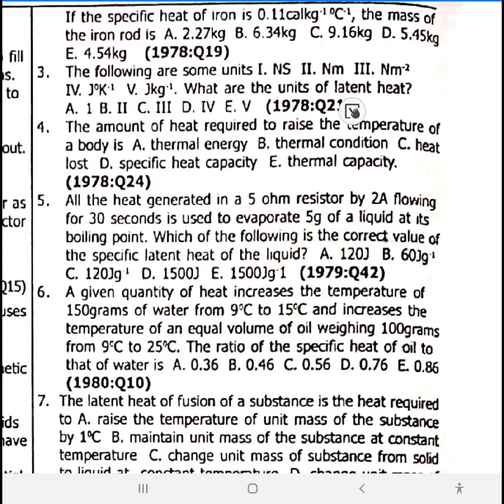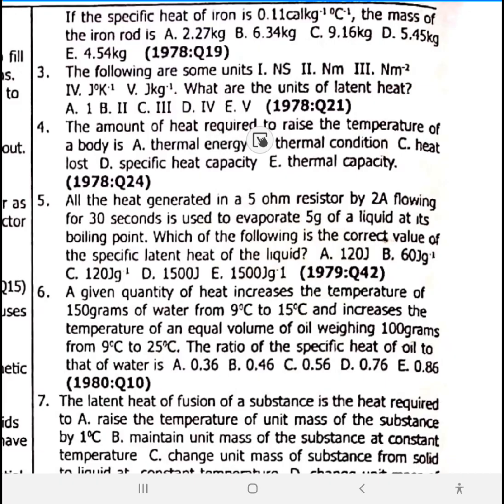So we're giving units here: Newton seconds, Newton per second, Newton per meter square, Joule, this one is called Joule per Kelvin, J raised to the power of 0, K raised to the power of -1, this one is called Joule per kilogram. What are the units of the latent heat? The unit of latent heat is Joule per kilogram.